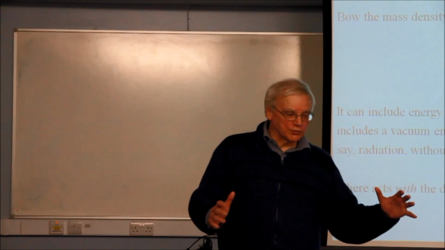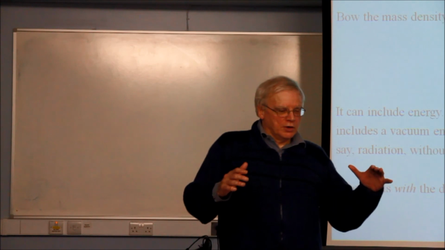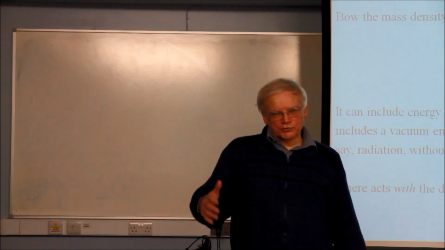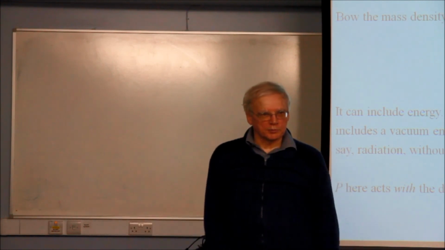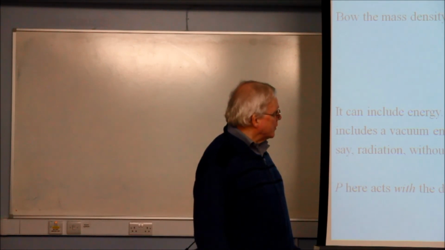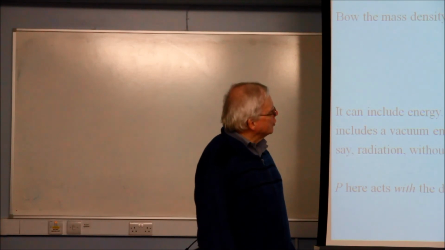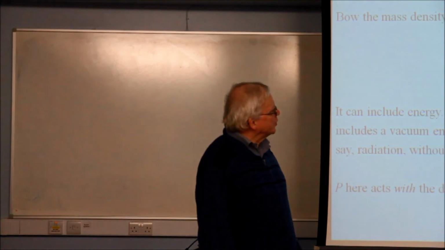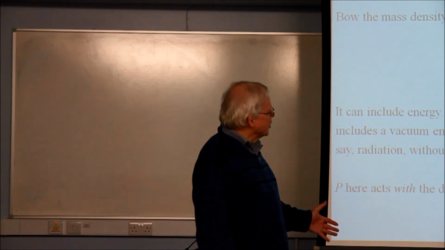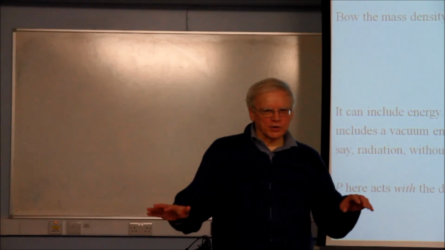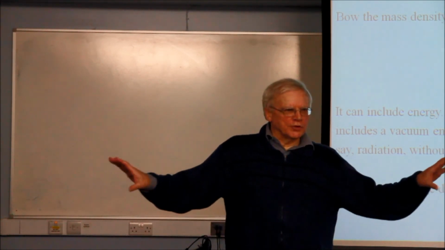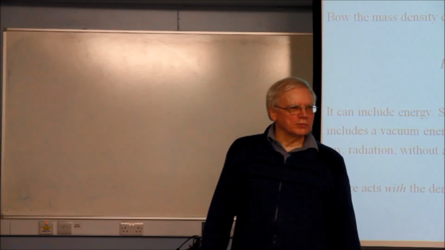If you've got a lot of photons in the universe, then you can define the equivalent energy by using a pressure term, say 3p, the radiation pressure, or some other such thing, and you can define the mass as 3p over c squared. So you've effectively got a vacuum energy term. Vacuum isn't quite the quantum mechanical vacuum. Vacuum means just something out there other than the lumps of matter.